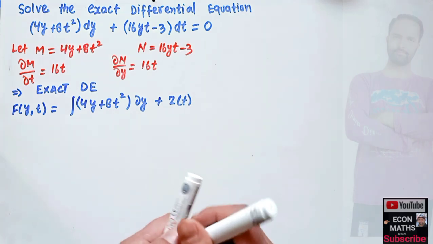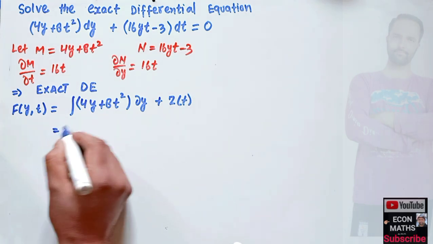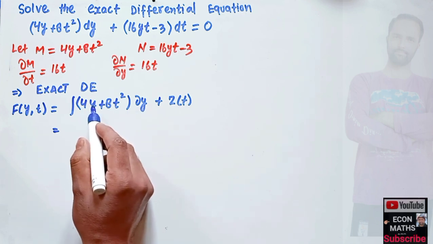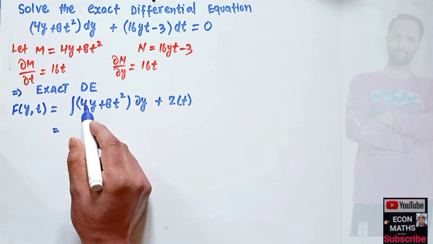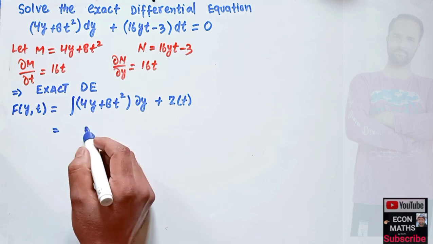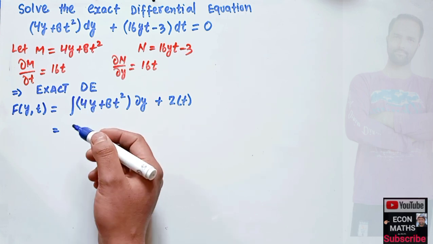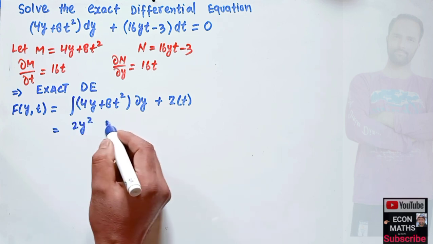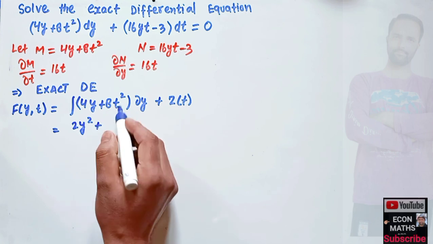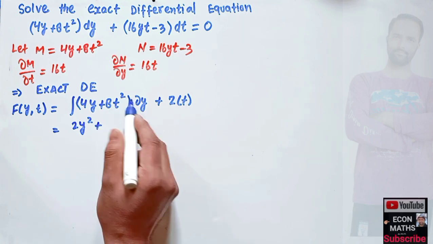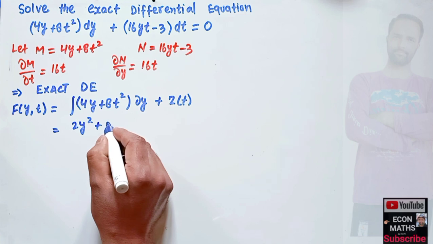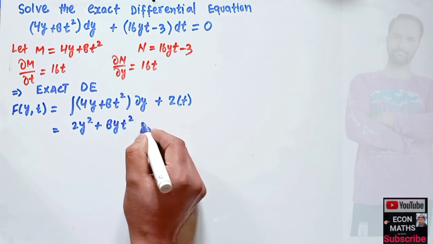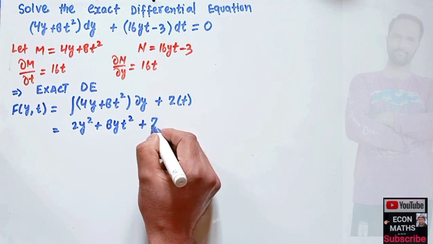So integrating with respect to y, we get 4 times the integral of y, which is y²/2, so the 2 and 4 cancel and we are left with 2y², plus the integral of 8t² with respect to y, which is 8yt², plus the additive term z(t).